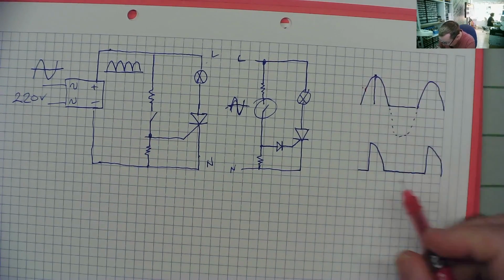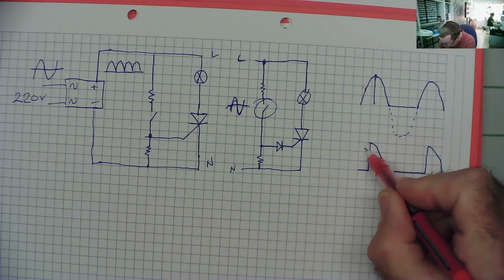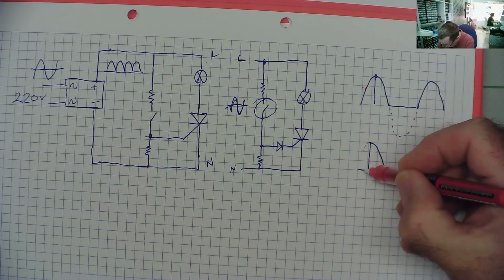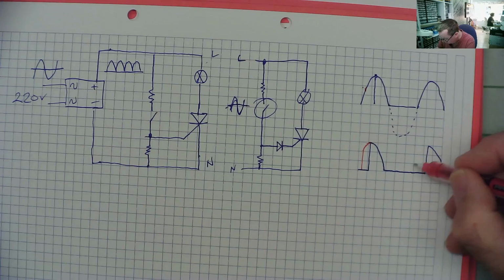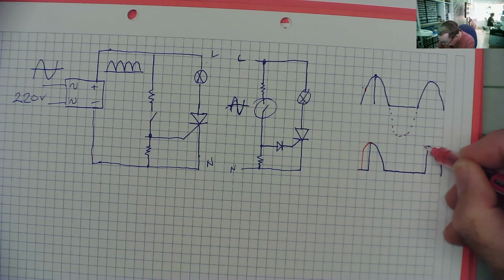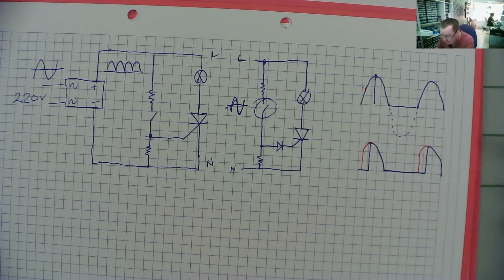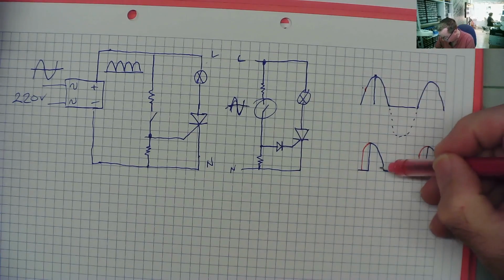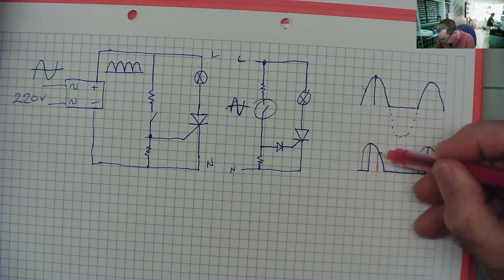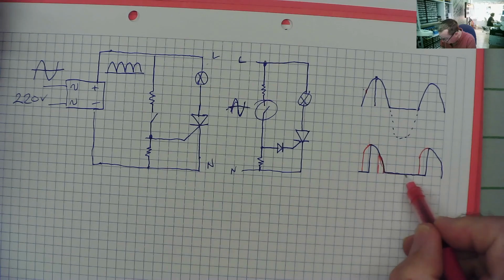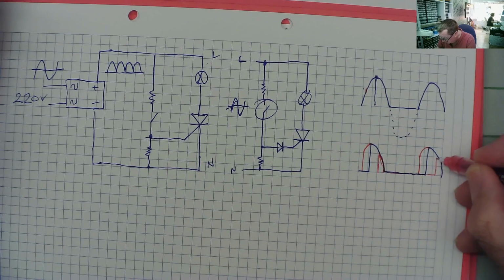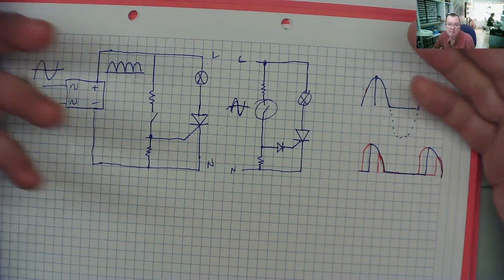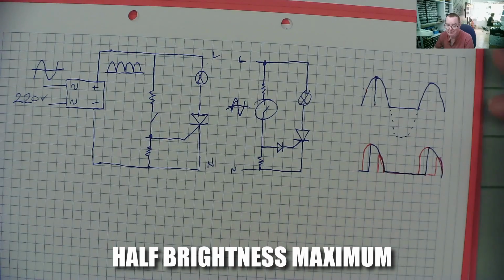Switch it on here, it'll actually have that waveform. 3/4 of it now, yeah? And if we switch it on over here, we will get just a very narrow bit. So it's mostly off. As you can see, this will make quite a nice light dimmer, apart from the light bulb can only ever go on at half brightness.